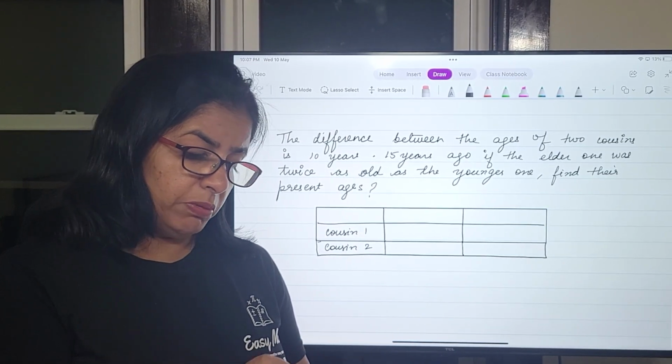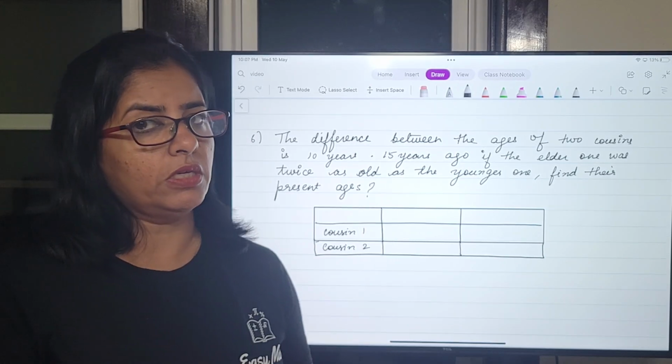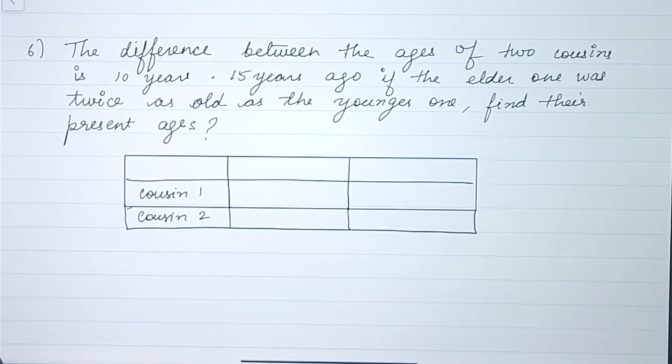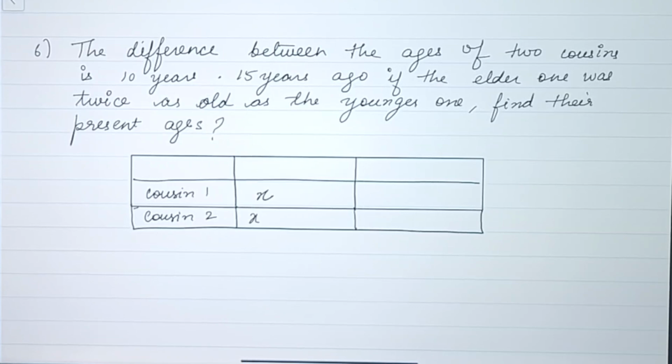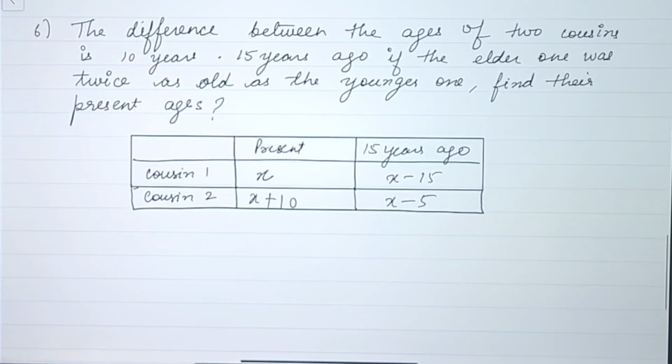The difference between the ages of 2 cousins is 10 years. Now if one of the cousins is x, the other will be x plus 10. 15 years ago, okay, so here this is the present and this is 15 years ago. So let's write x minus 15 and x minus 5. The elder one was twice as old as the younger one.